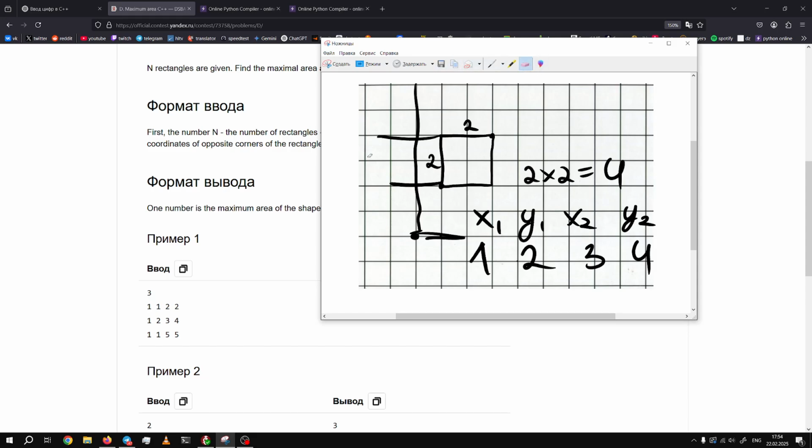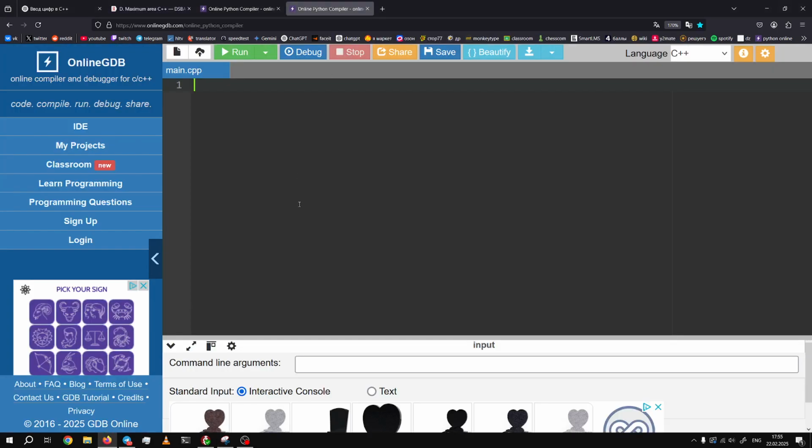Oh sorry, it's the y-axis. So it's 4 and it's 2, so this thing is y2 minus y1, and this thing is 3 minus 1. That means x2 minus x1. I hope you understand.